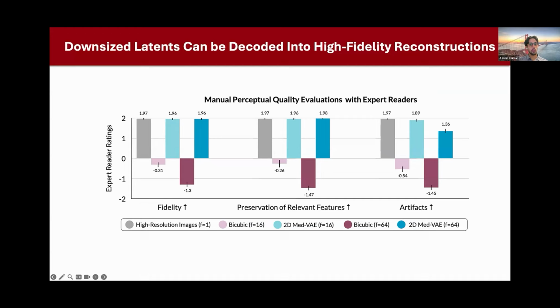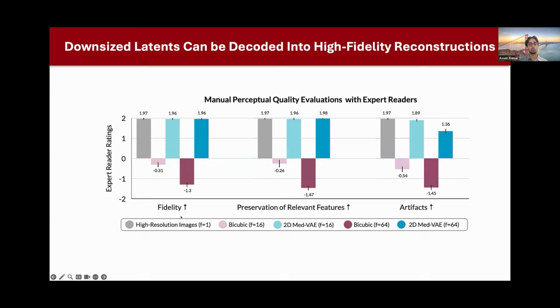What we observed is that for the manual evaluation, the readers rated the image fidelity of the 2D MedVAE around 2.8 points higher than bicubic interpolation. So bicubic interpolation is over here, at the downsizing factor of 16. MedVAE is at the same downsizing factors up here. Bicubic is F equals 64 over here, and this is 2D MedVAE over here.